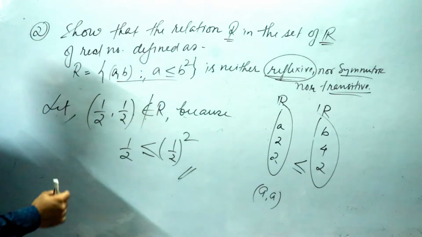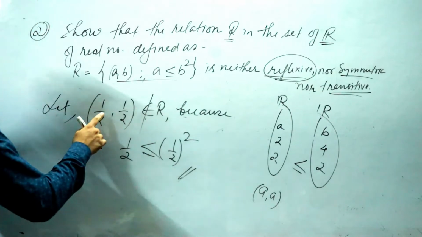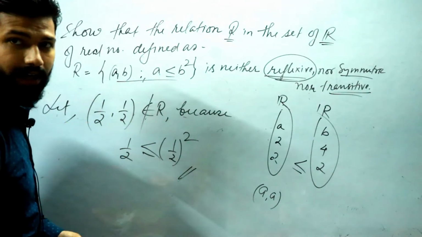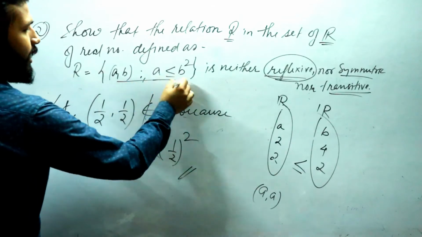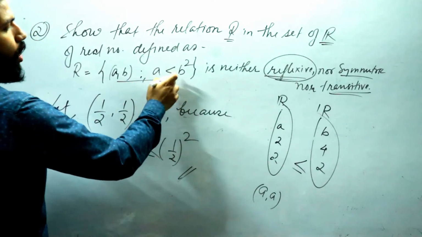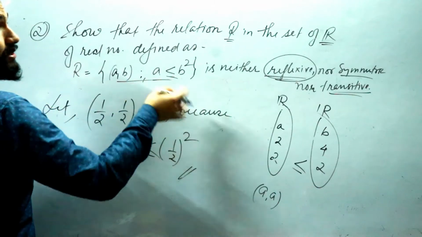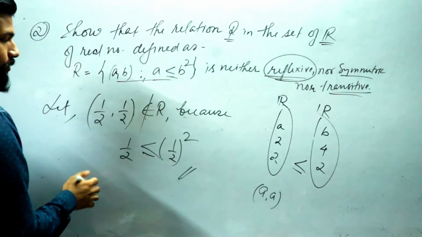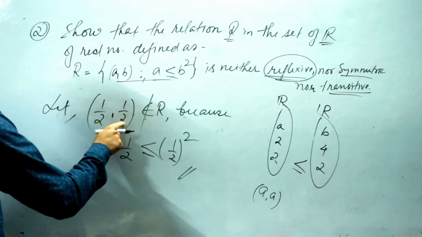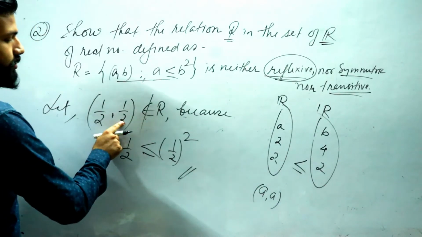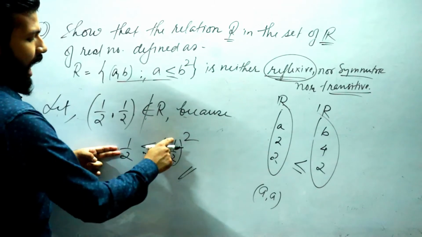Because if I take half, which also belongs to the set of real numbers, can I say half comma half belongs to the relation? Definitely not, because the relation is defined such that A should be less than or equal to B square, whatever B you take. So I have taken half comma half, where A is half and B is half. Can you say A is less than or equal to half square?